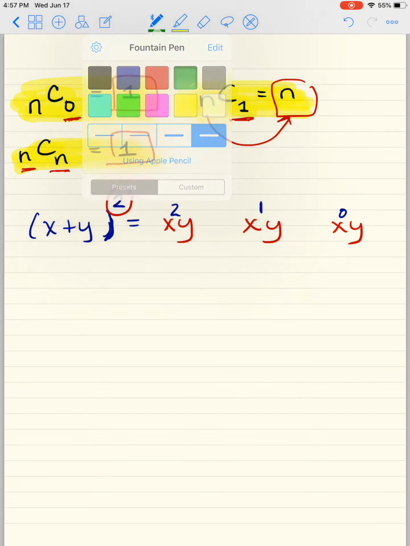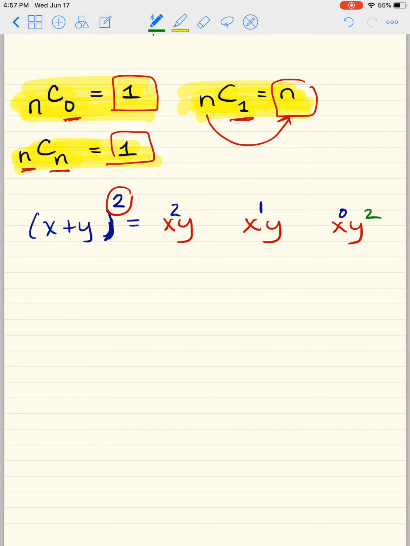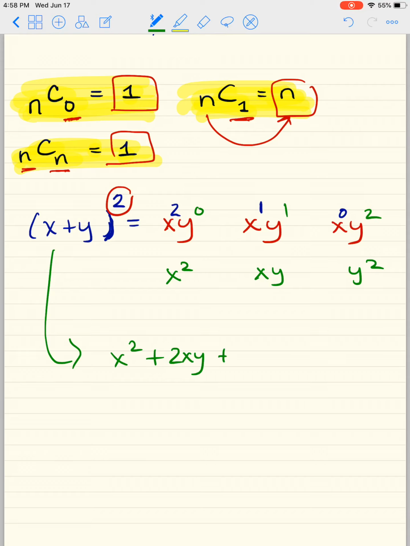And then you come up the other way with the y, and you go 2, 1, none. Excellent. So y to the 0 or x to the 0 is 1. We know that. So this reduces to x squared, this reduces to xy, this reduces to y squared. Now, we know that if we expanded this, this would be x squared plus 2xy plus y squared.